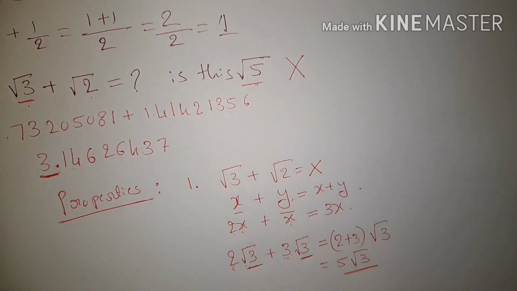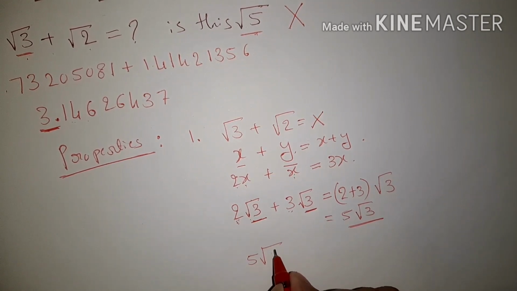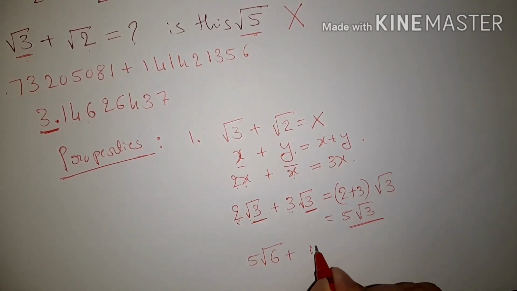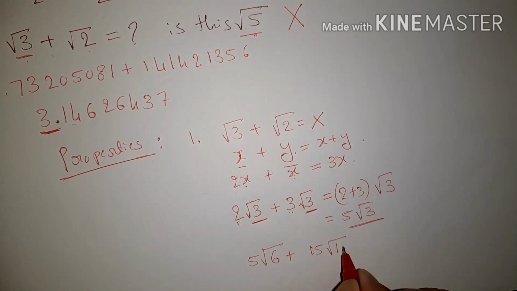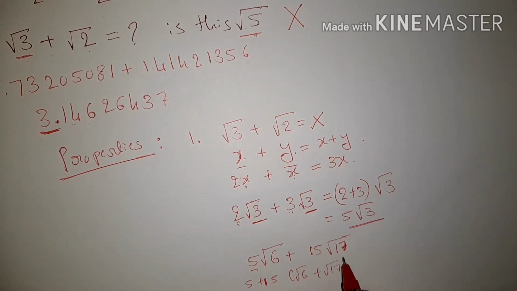Now come on, there is one problem I gave to one of the students to solve: 5 square root of 6 plus 15 square root of, some around, 17. The student has taken 5 plus 15 as common, and inside he kept square root of 6 plus square root of 17, which is not at all correct.